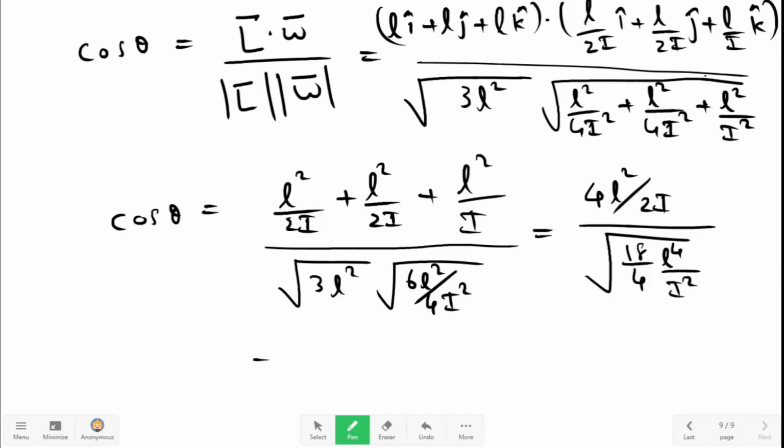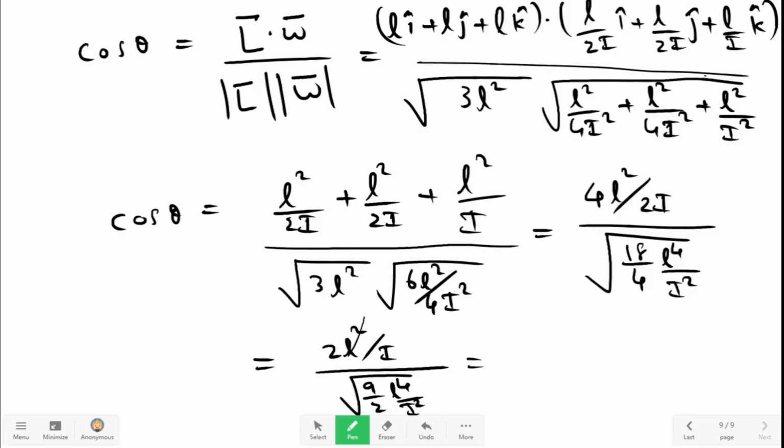This is equal to 2L square by I divided by root of 9 by 2 L raised to 4 by I square.